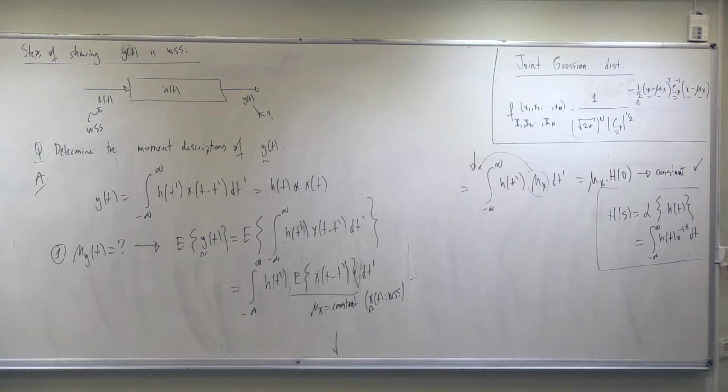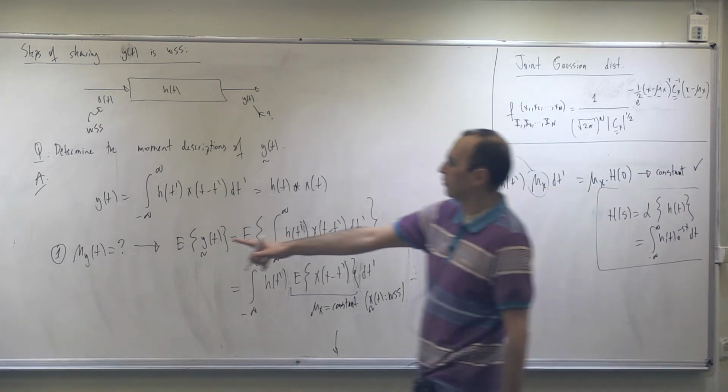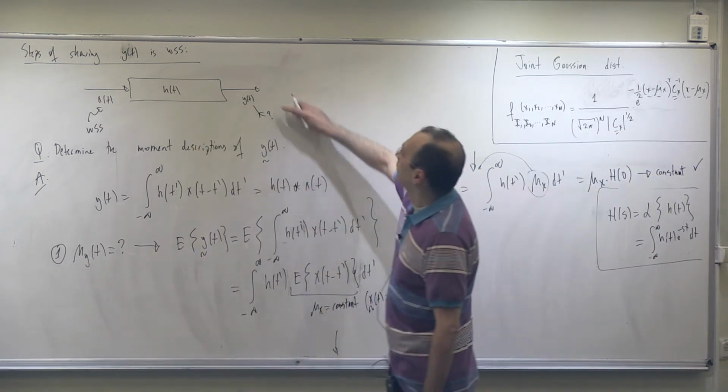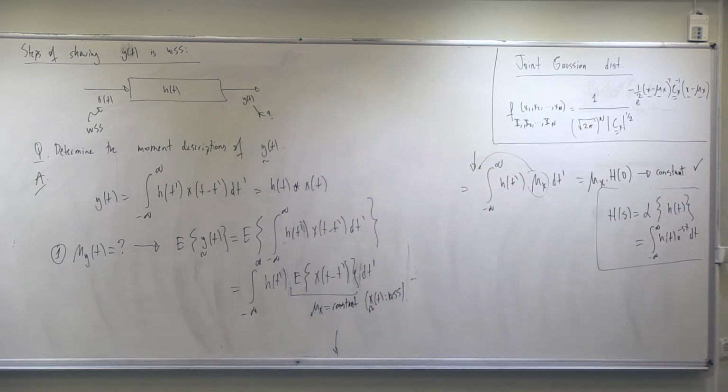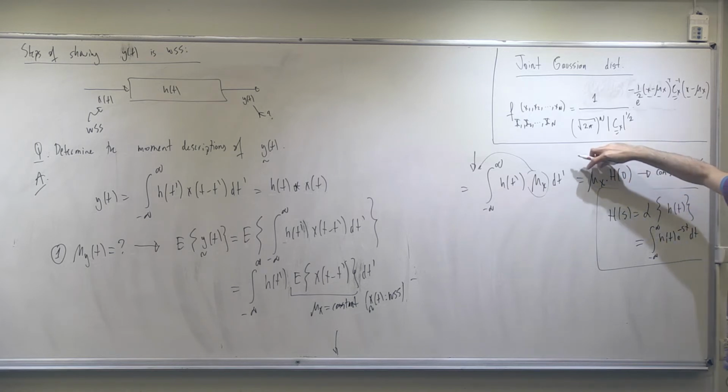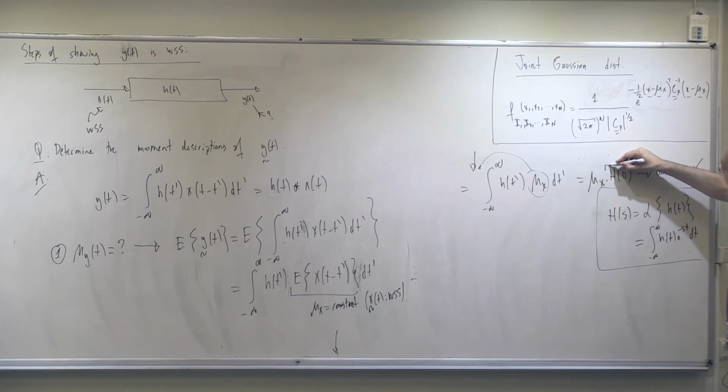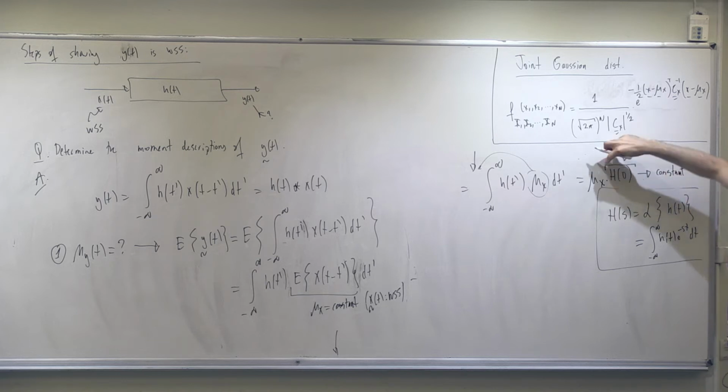Good news. So the first condition, condition number 1: the output process has a constant mean. We have seen this. The output process mean is nothing but the input mean times this factor, and this is what we call in signal processing the DC gain. Do you remember the frequency response topic? This is the gain at the DC frequency, obviously.